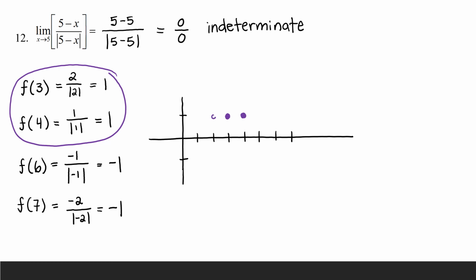And I suspect that anything less than this would also be 1. So we're going to end up with this sort of horizontal line where we're just not really sure what's going on at 5. There's some sort of discontinuity there, and we have to figure it out.